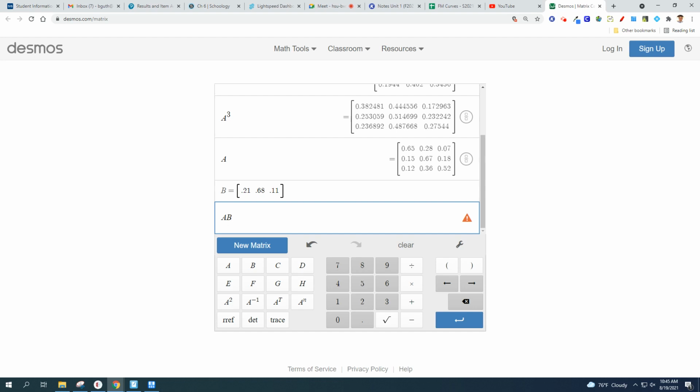Remember, you have to look at the dimensions. A was 3 by 3, but B is a 1 by 3. You can't multiply that. That's not going to work. So I don't want AB.